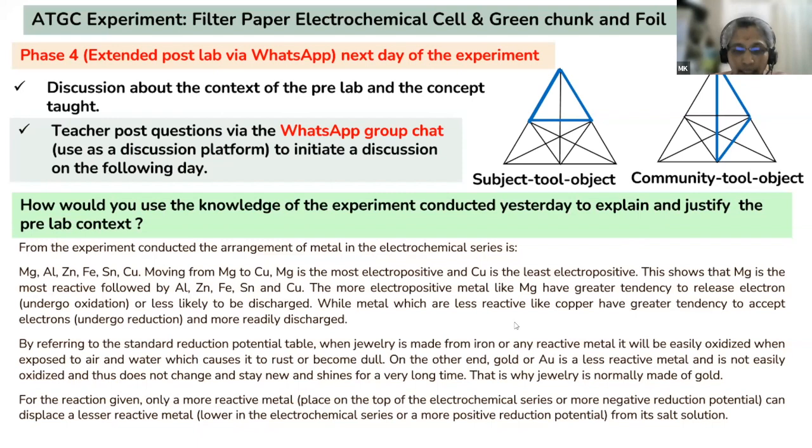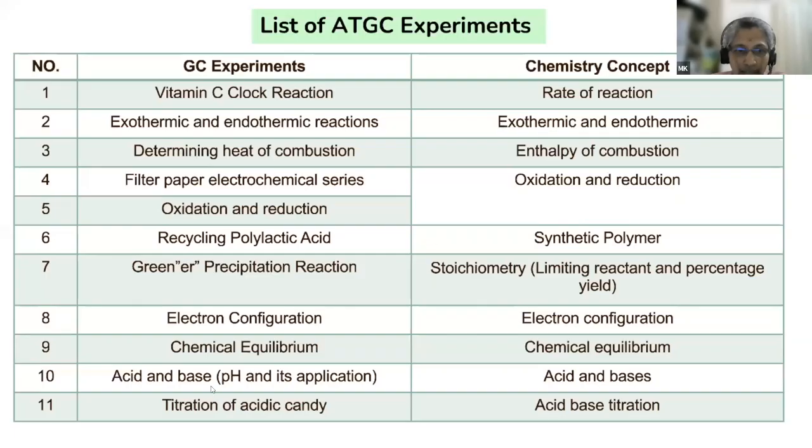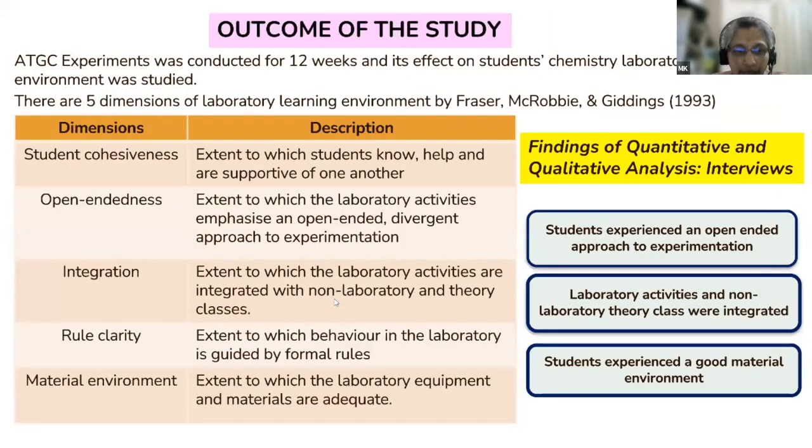So basically, we have listed many experiments using activity theory. These are the experiments which we have done based on activity theory. And we found that students' perception of the laboratory learning environment changed, in terms of student cohesiveness, open-endedness, integration, rule clarity, and material environment.